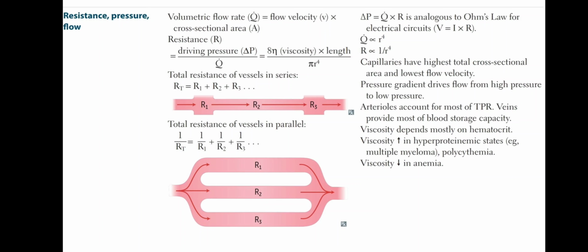Pressure gradient drives flow from high pressure to low pressure. Arterioles account for most of the total peripheral resistance. Veins provide most of the blood storage capacity. Viscosity depends mostly on hematocrit. Viscosity is increased in hyperproteinemic states, for example multiple myeloma, and in polycythemia. It is decreased in anemia.